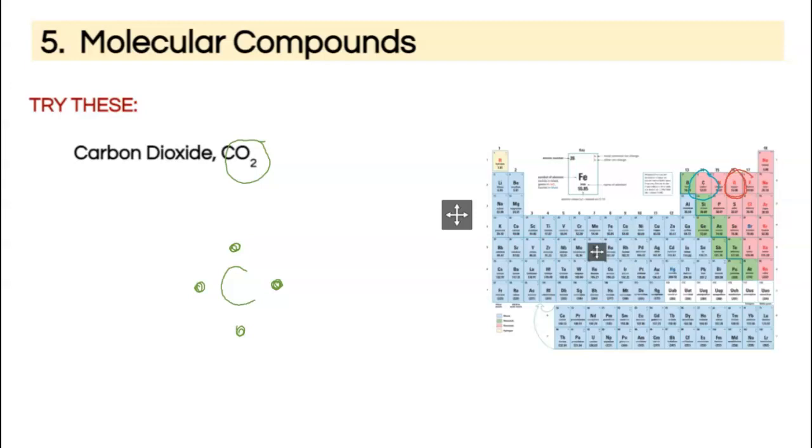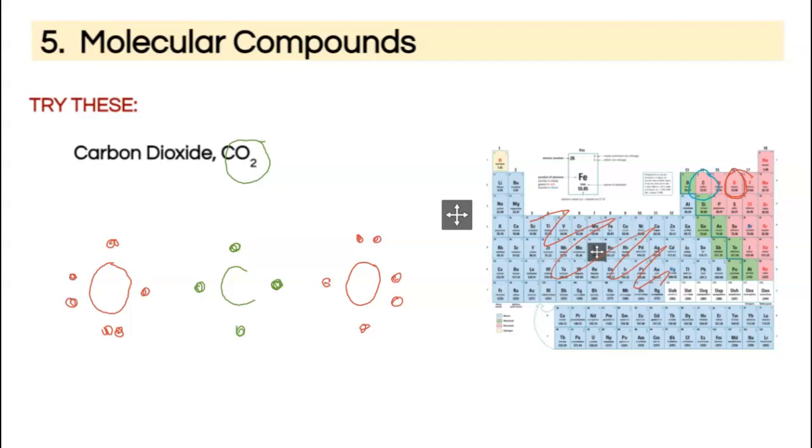Here's oxygen, and it's in the 6th row over, again, ignoring those transition metals. I'm going to write each oxygen out with its 6 valence electrons: 1, 2, 3, 4, 5, 6. And I'm going to do the same thing over here with the other oxygen: 1, 2, 3, 4, 5, 6.